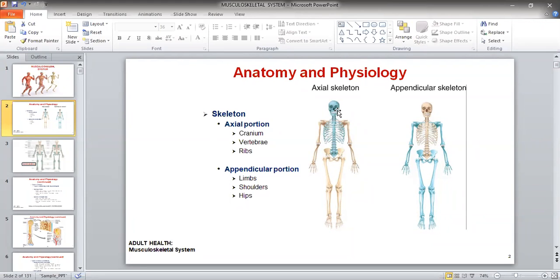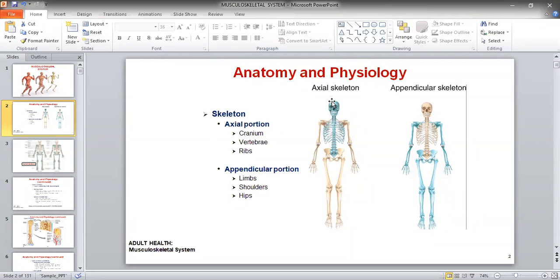So the musculoskeletal system, as I said, is made up of the bones of the skeleton. The skeleton is basically divided into axial and appendicular.